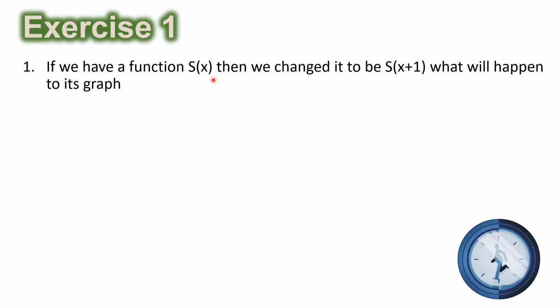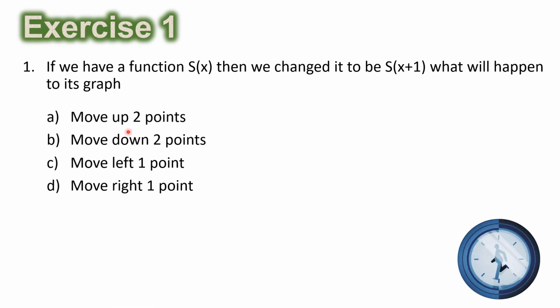If we have a function s of x and we need to change it to be s of x plus 1, what will happen to each graph? We'll move up 2 points, move down 2 points, move left 1 point, move right 1 point. Okay, it's plus 1, so it will go to the negative infinity. It will move left 1 point.